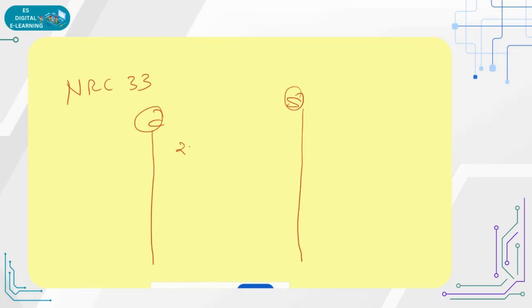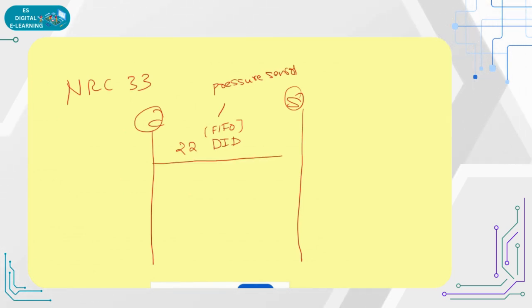I'm making a DID; you can write down F1, F0. This is a new DID, like some pressure sensor value.